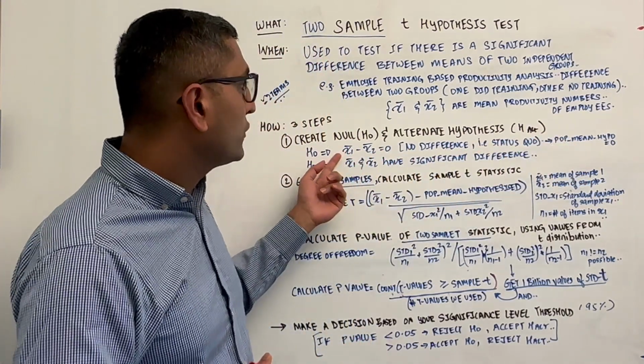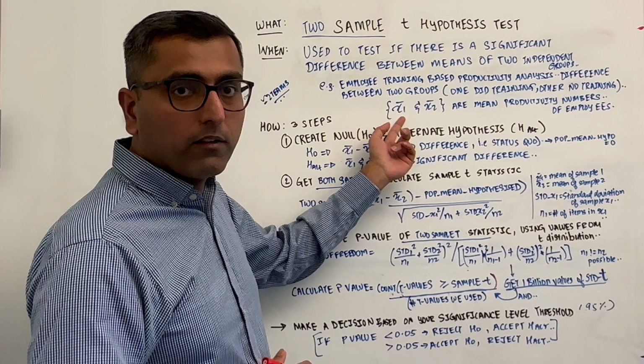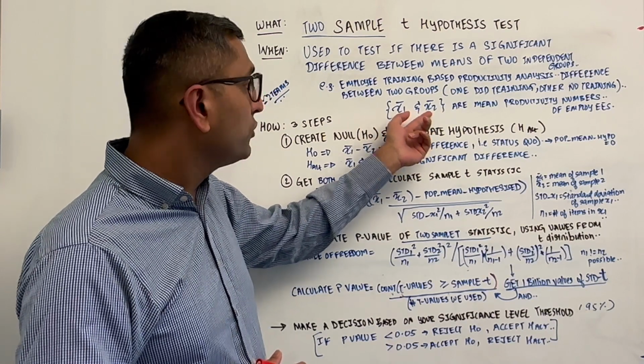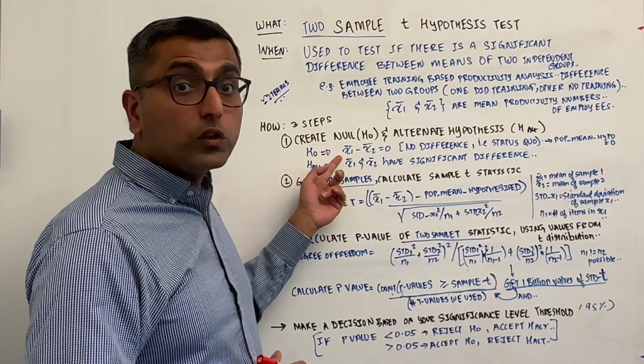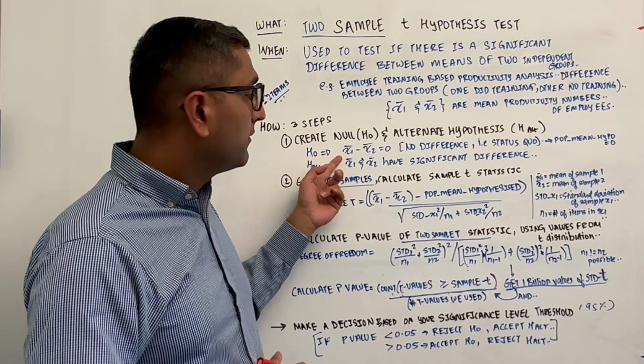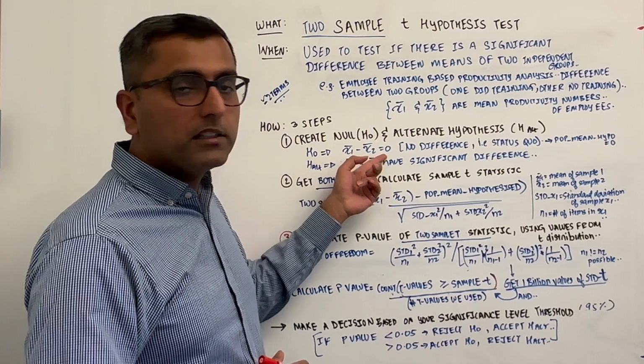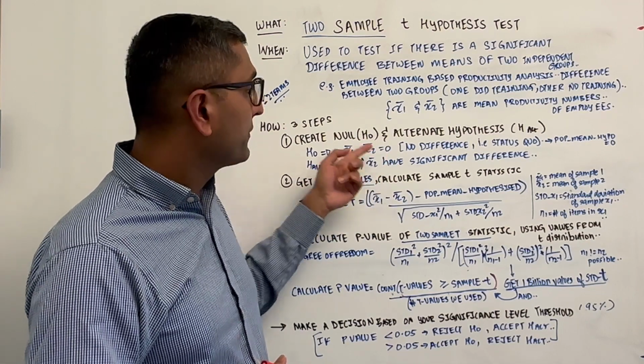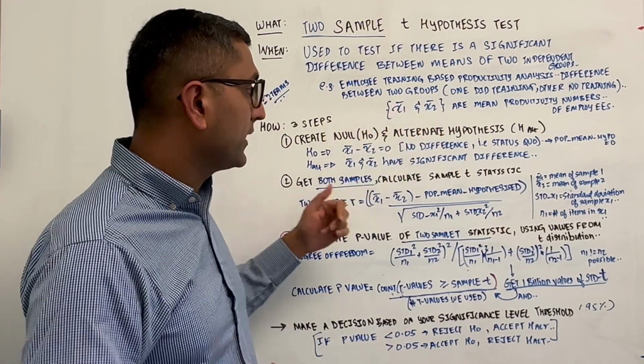So if x1 bar was the mean productivity metric for group 1 and x2 bar was the mean productivity metric for group 2, then I'm saying there is no difference, meaning x1 bar minus x2 bar is equal to 0.